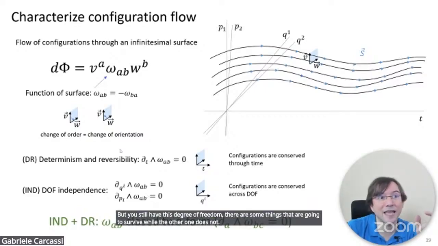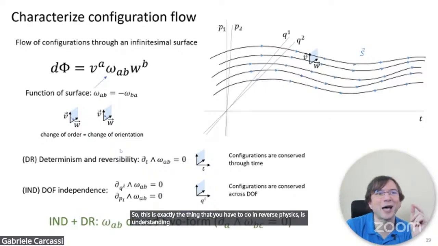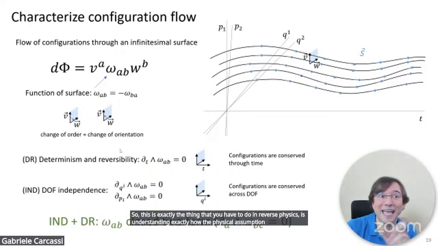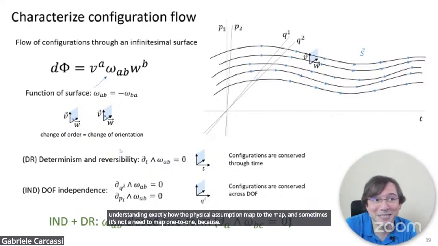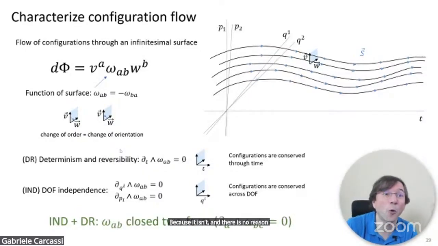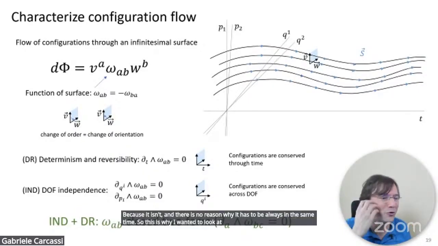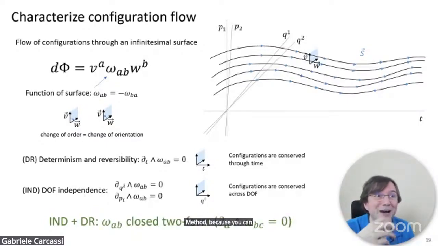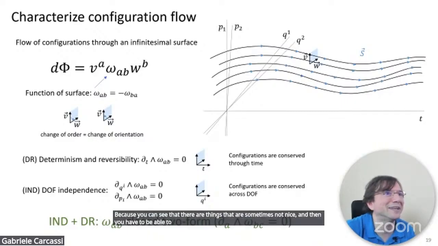So this is exactly the thing that you have to do in reverse physics: understanding exactly how the physical assumptions map to the math, and sometimes it's not a neat one-to-one map, because there is no reason why it has to be. This is why I wanted to show you the details of multiple degrees of freedom, because you can see that there are things that are sometimes not nice, and then you have to be able to understand it and deal with it.